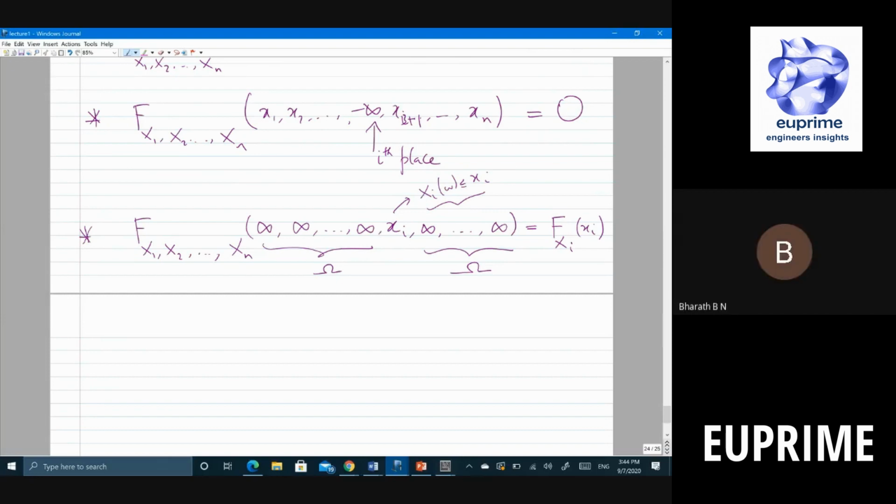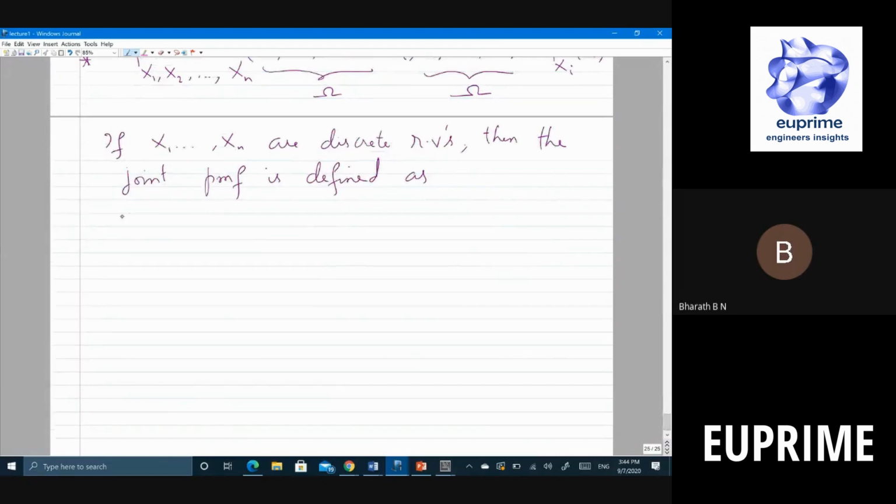Okay. So if x1 through xn are discrete random variables, then the joint PMF is defined as, okay, let me write this. How do I write the joint PMF?